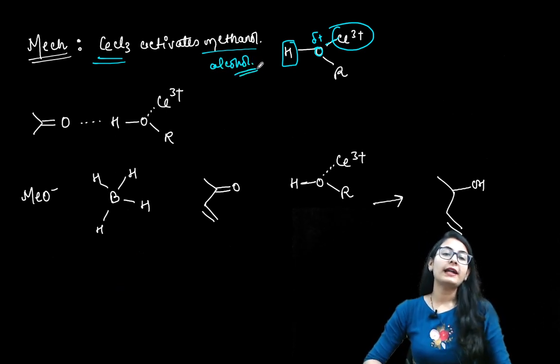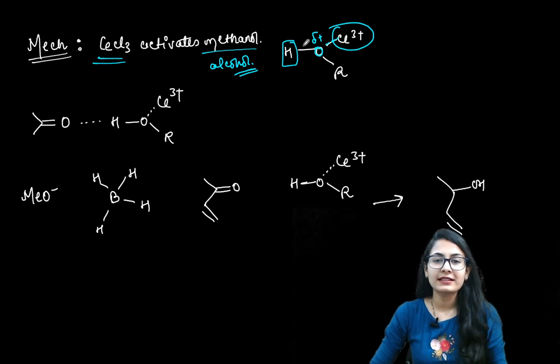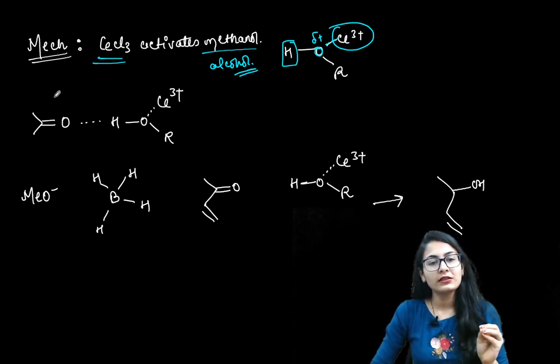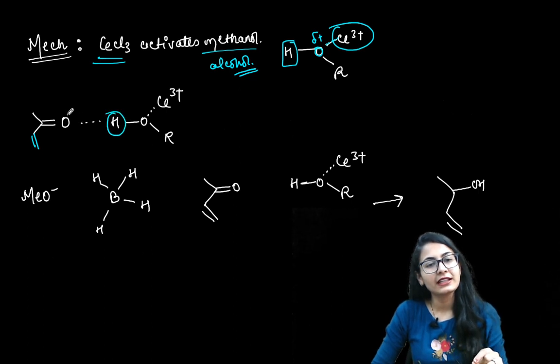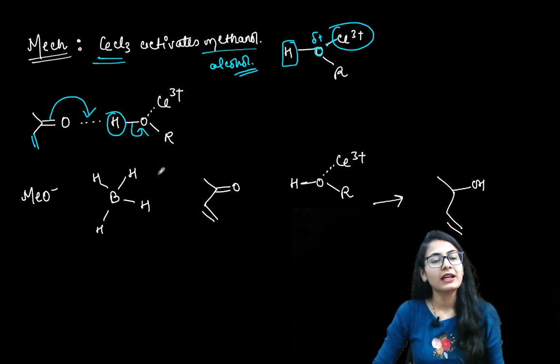Now why is this proton useful for us? Because to the enone system that we have taken, this proton is going to be activating the oxygen, or basically the oxygen is going to take away the proton, which is now acidic. That is the whole point. And what do you have left? You have the methoxy or the alkoxy group left over here.